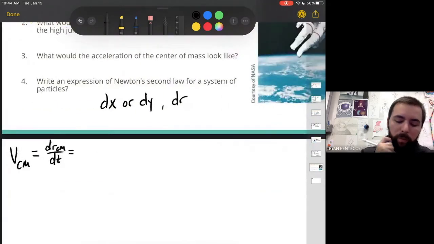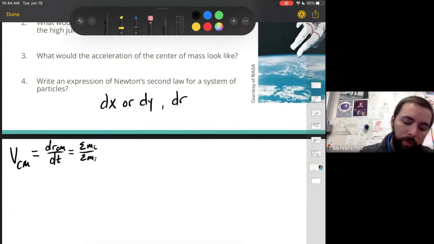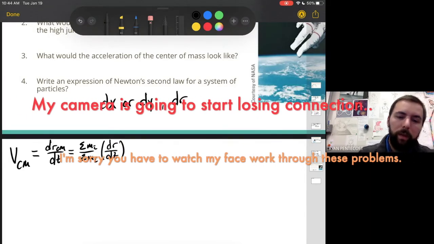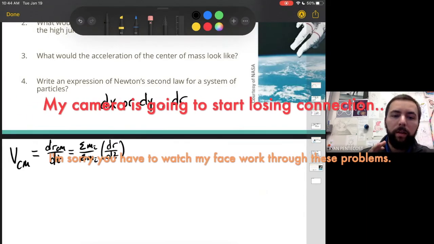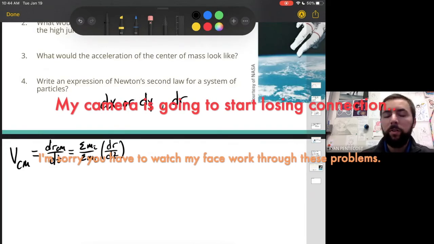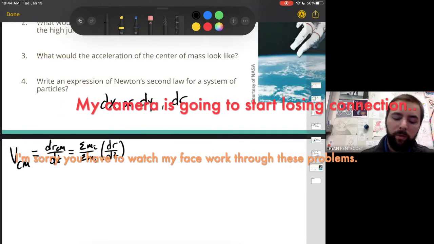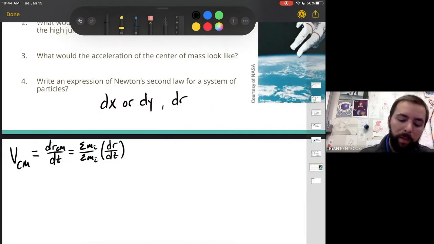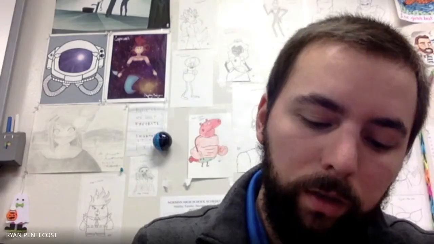So that center of mass idea, okay, let's take out the mass. We've got the summation of the mass of the particles, okay, times dr over dt. So now that we've got the idea that the mass is going to be there, you're taking the summation of the mass on top and on bottom, times dr dt.